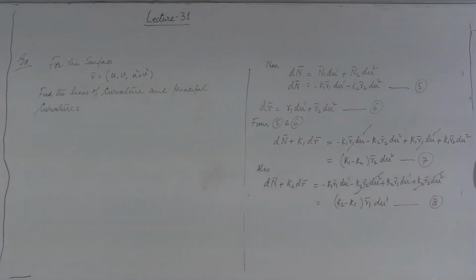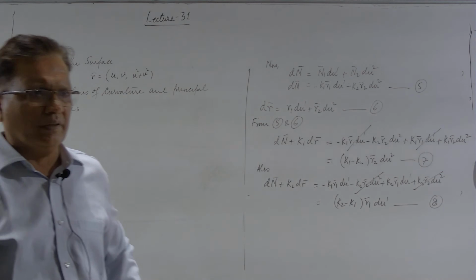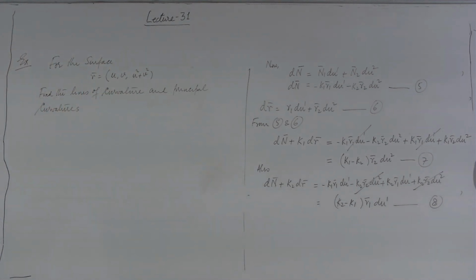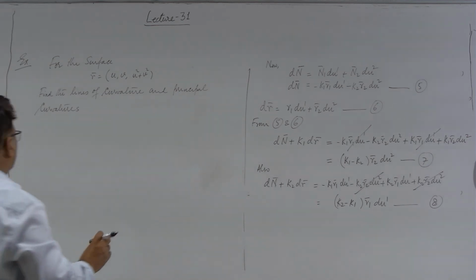Okay, for principal curvatures, we know that we have a differential equation that represents the lines of curvature and principal direction, sorry. So, for lines of curvature, we will look at that differential equation, that can be written in the form of a determinant.